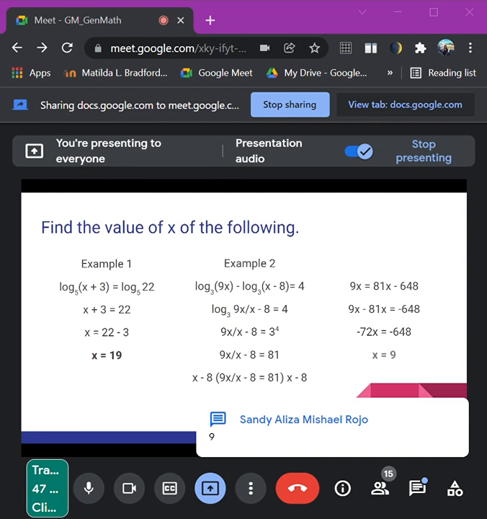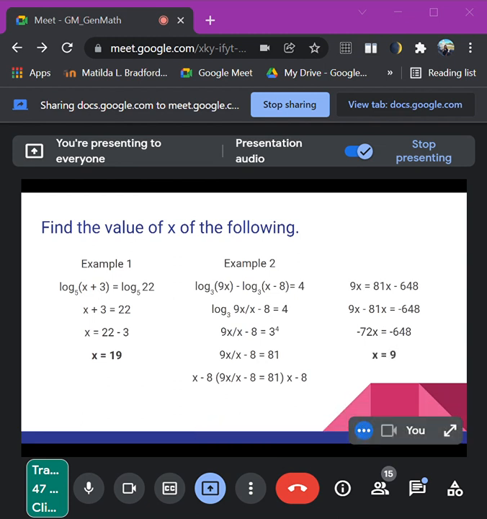So, meaning to say, our x is equivalent to 9. So, that is how you are going to solve for your x in this given example number 2. So, mas taas-taas siya, no? Unlike sa ganina nga given, which is short ra kaayo ang pag-answer.